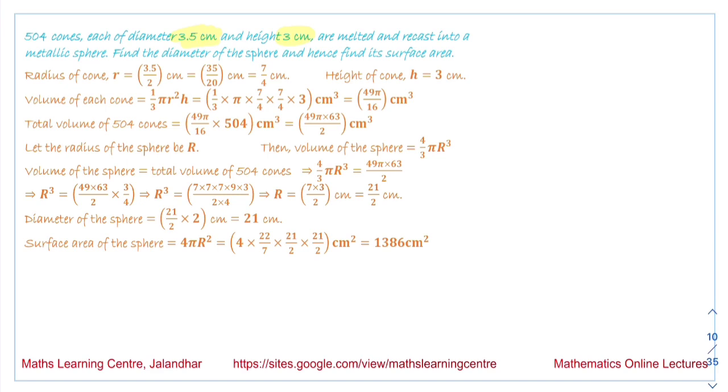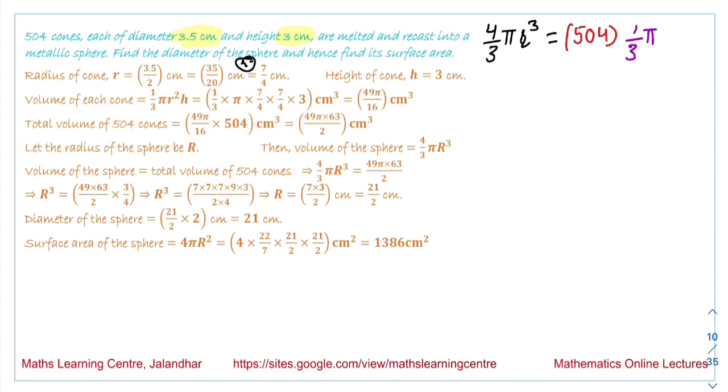Suppose the radius of the sphere is r, and hence we have to find its surface area. So the volume of this sphere, the formula we will have, is 4 by 3 pi r cube, which is equal to 504 cones times the volume of each cone, that is 1 by 3 pi.